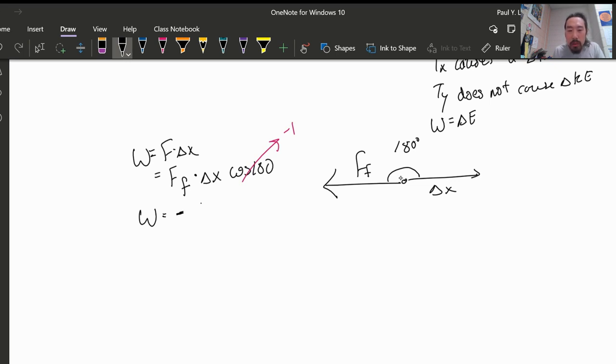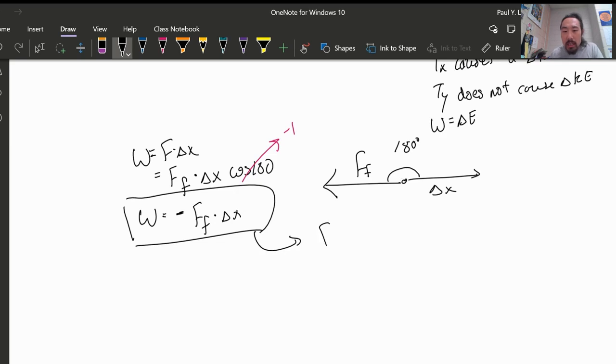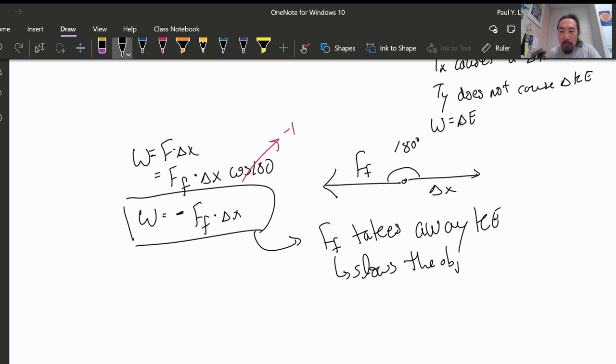All of this will turn out to be negative ff times delta x. So this is an important idea. What this tells us is that the force of friction takes away kinetic energy. In everyday language, we say the force of friction slows the object down, because that's a decrease in kinetic energy.